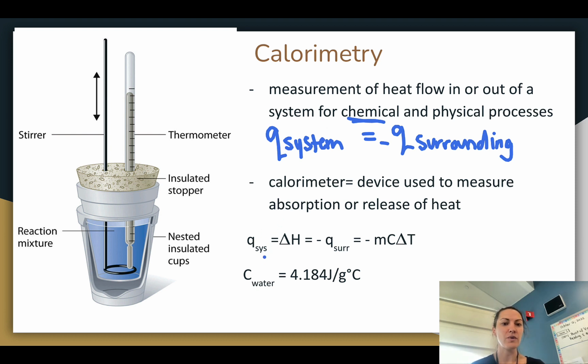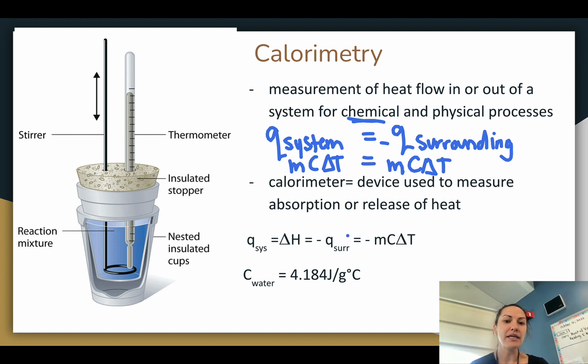The Q of the system is equal to the negative Q of the surroundings. So we could set mc delta T for one material, like water, equal to another material, like iron, or an actual reaction, and figure out the specific heat of it, okay?